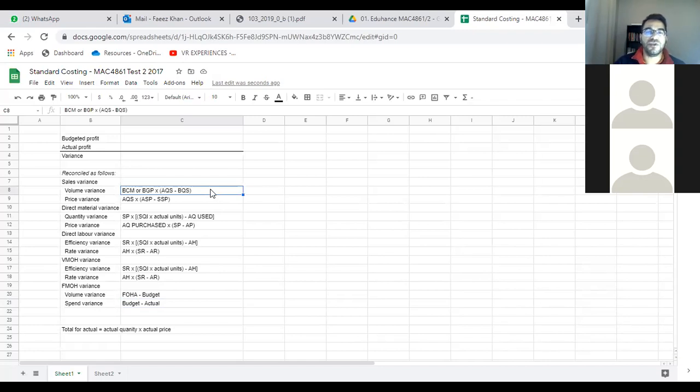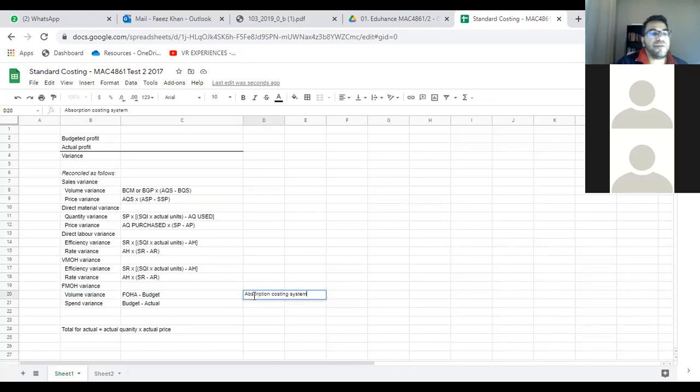Use GP if you're using the absorption costing system. But under the production cost, it also plays a role. You can only have the volume variance if you are using the absorption costing system.